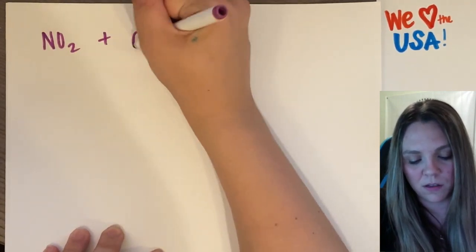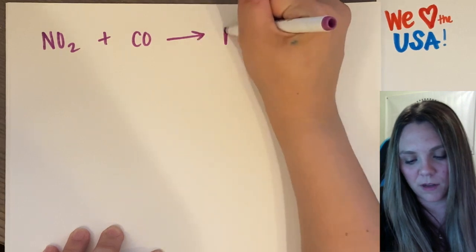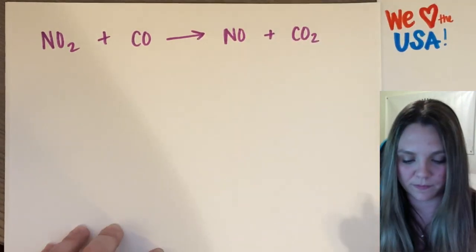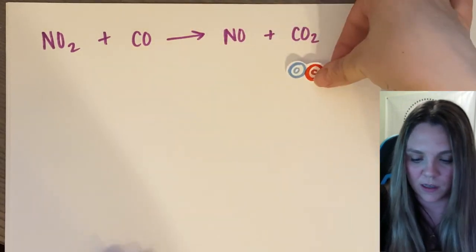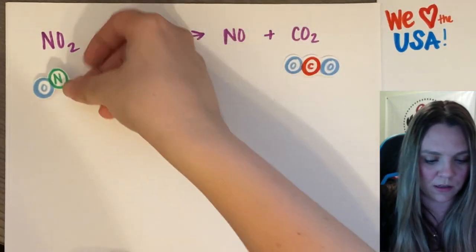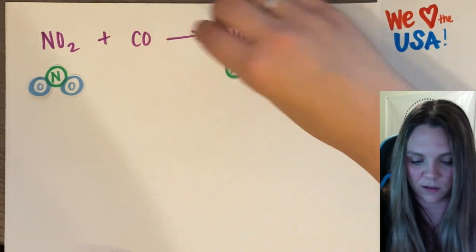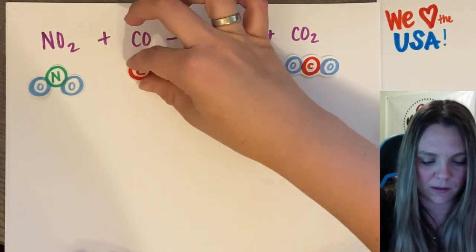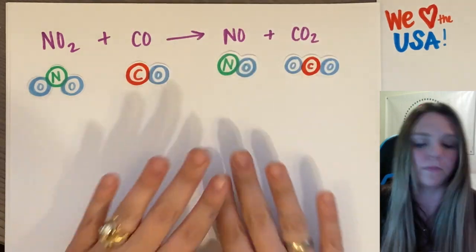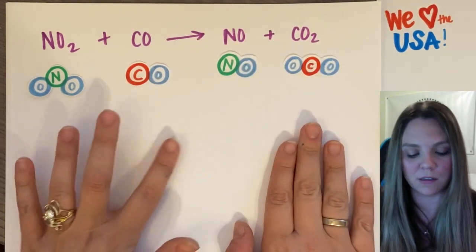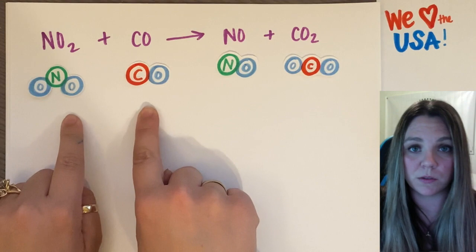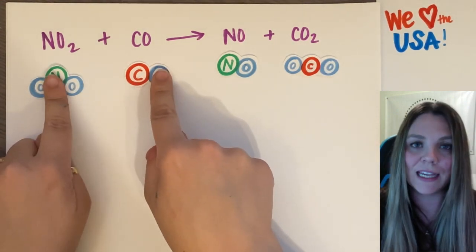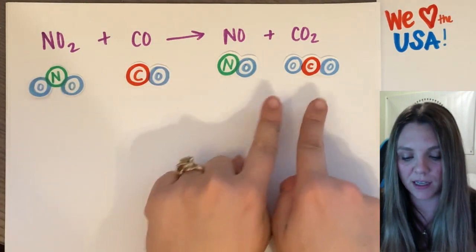A good example for this one would be NO2 plus CO reacting to make NO and CO2. I have these lovely molecules floating about, and if they collide correctly, then I can get this reaction to happen.